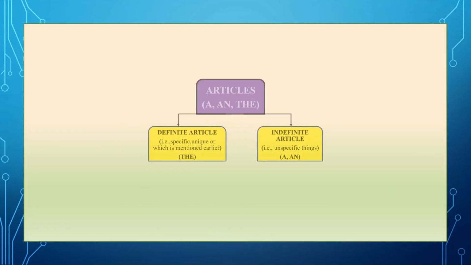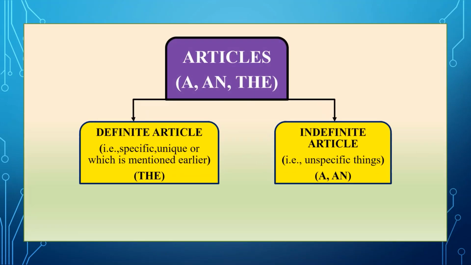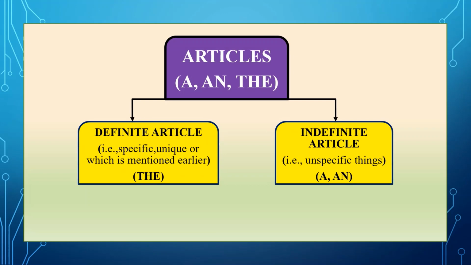There are two types of articles in English. They are definite article, the, and indefinite article, a or an. The is called the definite article because it points out a particular object or class of things.